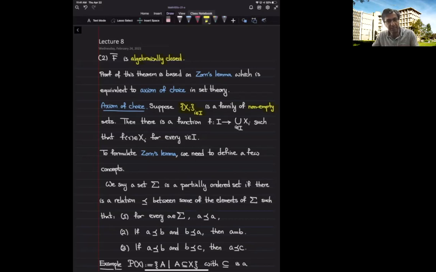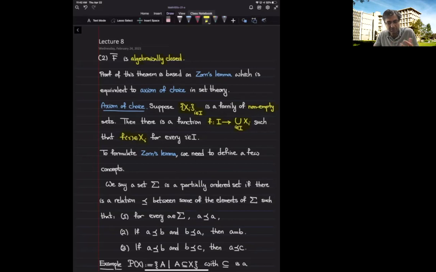To make it precise, it means that there is a function from the index set to the union of these sets, so that for the index i, f of i gives me an element from this non-empty set X sub i. So there exists a function so that f of i belongs to X sub i. This is the axiom of choice.